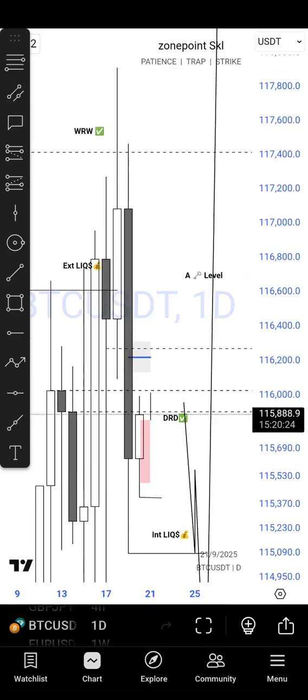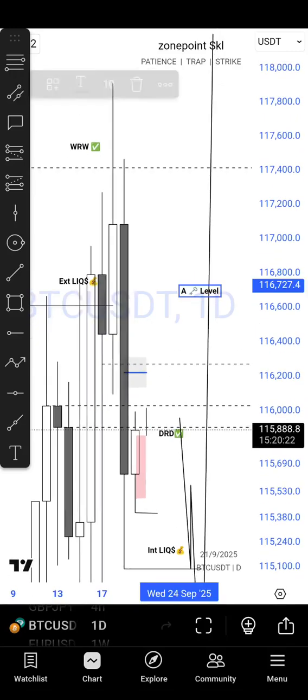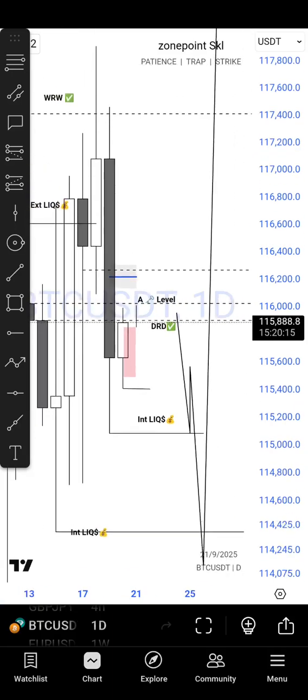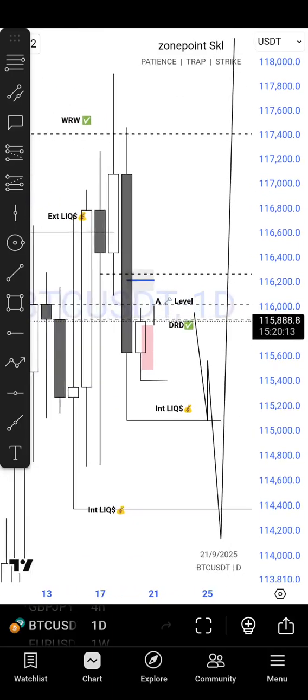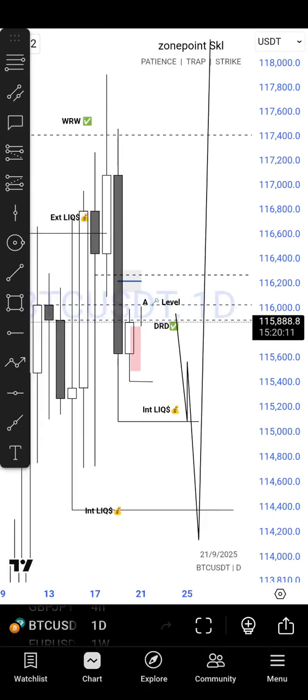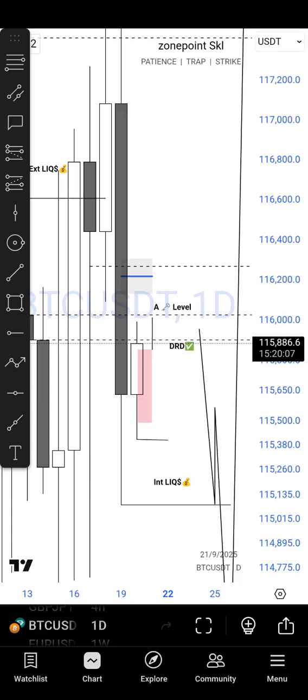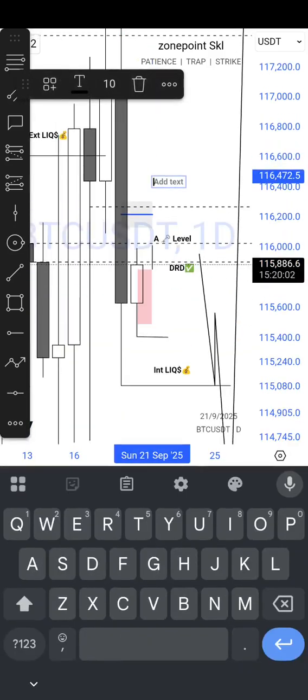We have this A key level here, right? That we're also looking at, and we have this OC level. This place that we're expecting daily to reject daily is also an OC level. Let's write it out. It's called OC key level.